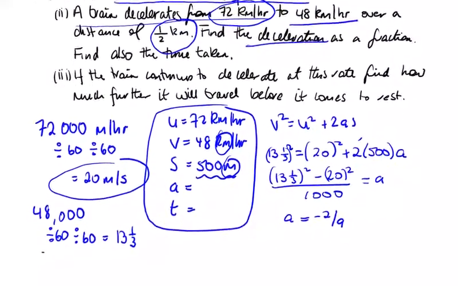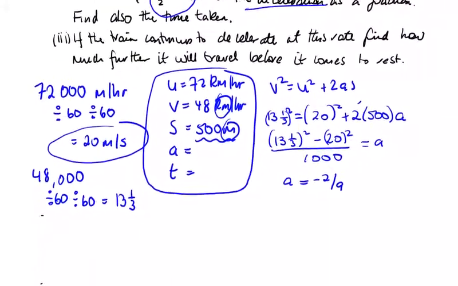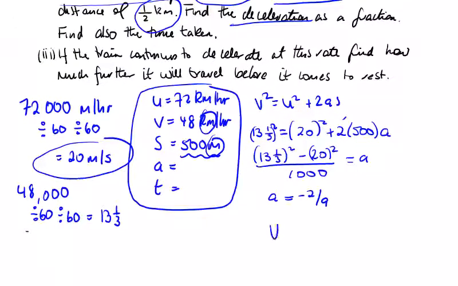So time, we could use v is equal to u plus at here. So my final velocity was 13 and a third. My initial velocity was 20, and that's minus 2t over 9.